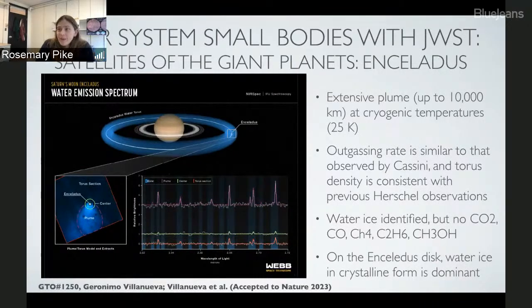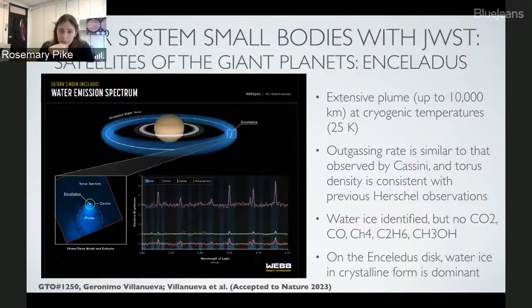So one of the other really interesting results has come from Enceladus. This is one of the regular moons of Saturn, and it is found in basically a torus of water particles, which it is emitting itself from plumes.